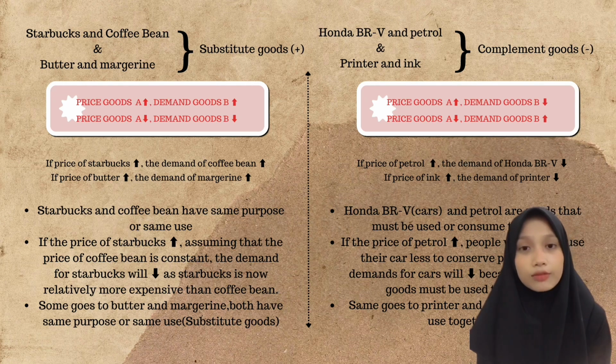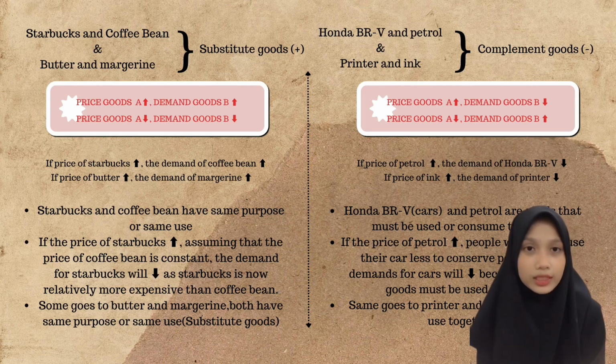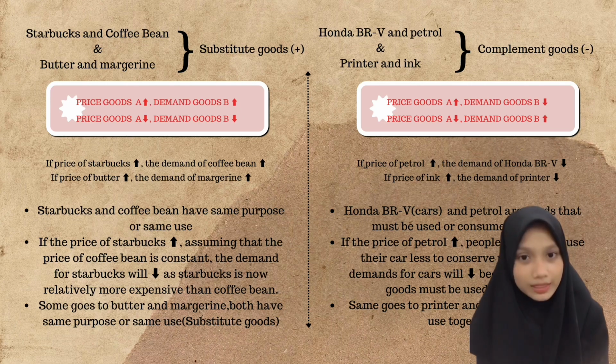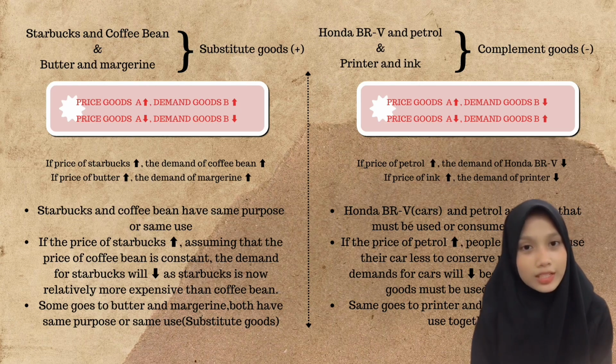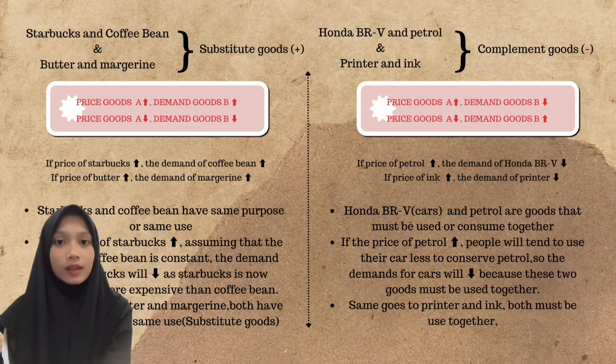Let's say if the price of Starbucks increases, and we assume that the Coffee Bean price is constant, people will switch to buy Coffee Bean more than Starbucks. It is because Starbucks is relatively more expensive than Coffee Bean, so the demand of Coffee Bean will increase if the price of Starbucks increases.